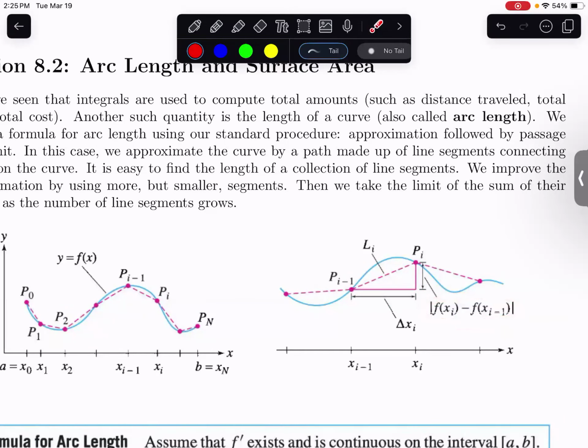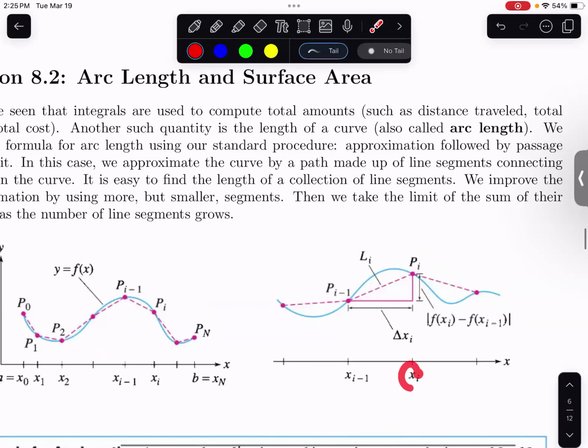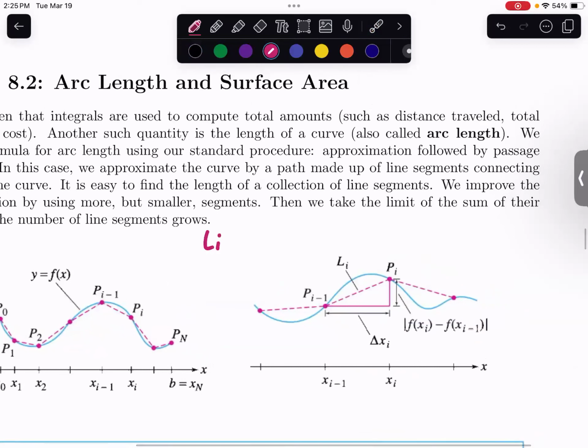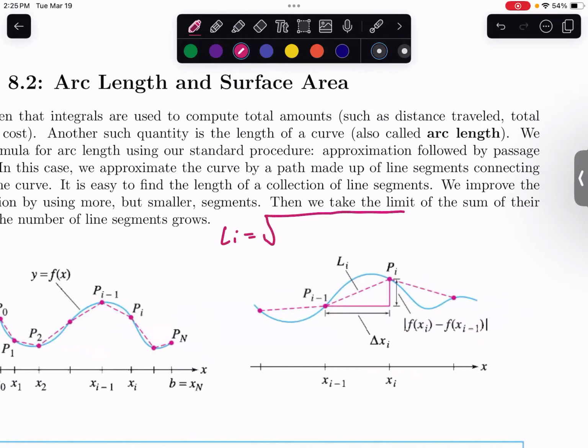And then the difference in x values is really just delta xi, which is xi minus xi minus 1. So by the Pythagorean theorem, I'm going to use smaller writing, Li is equal to the square root of delta xi squared plus f of xi minus f of xi minus 1 squared.